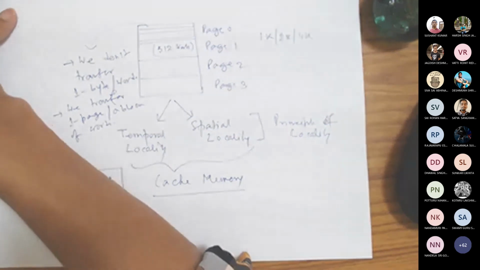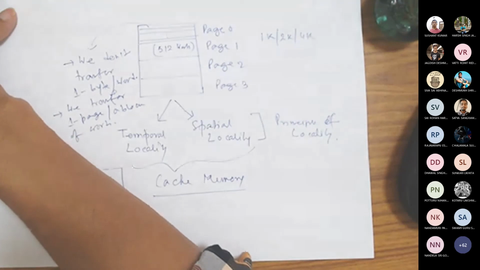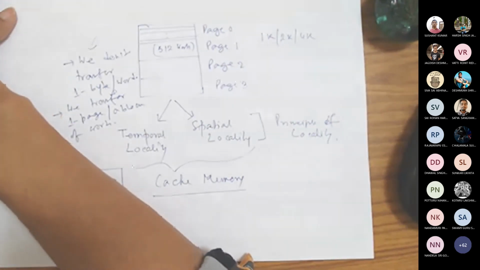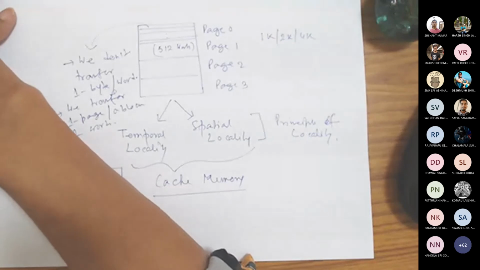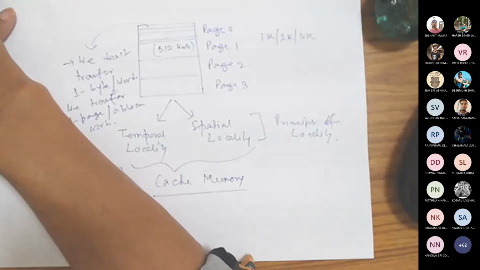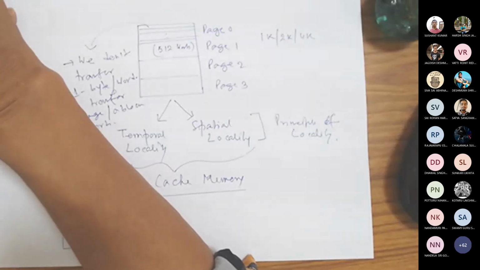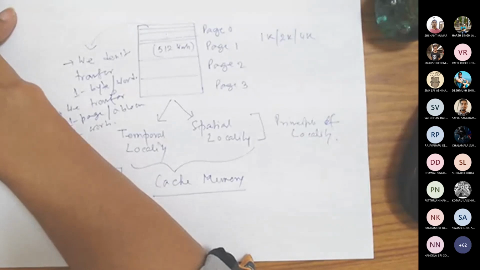So the DRAM that we looked into in the previous diagram is accessed. The contents of all 16,384 cells in the selected row are sensed, but only 8 bits are placed on the data bus.